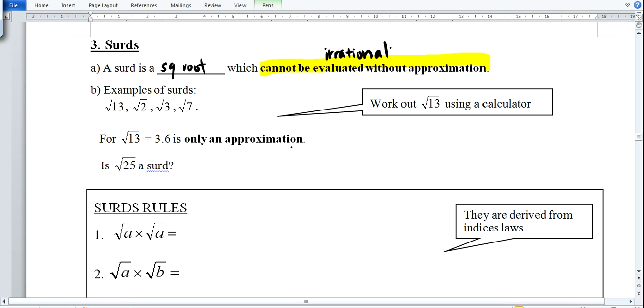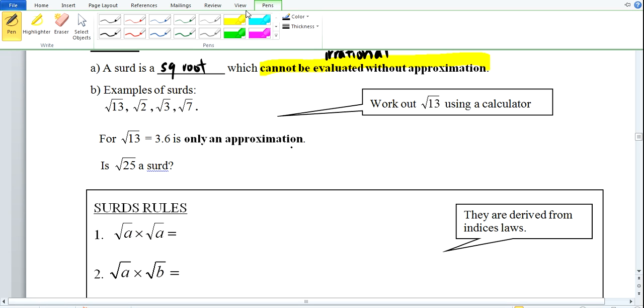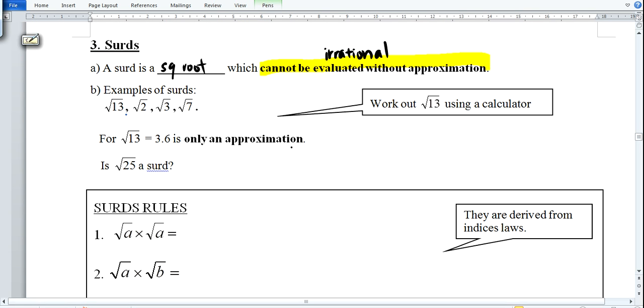Some examples are square root 13, square root 2, square root 3, square root 7. If you were to work out square root 13, it will give us the answer 3.6055551 and so on. So this is an irrational number.